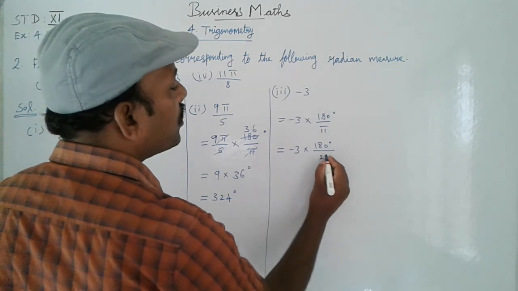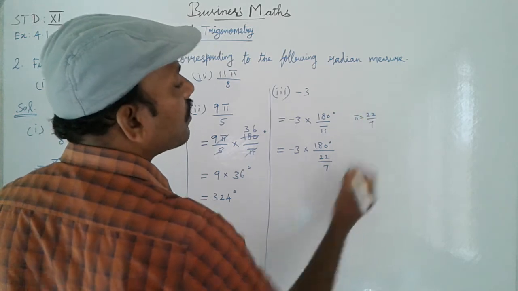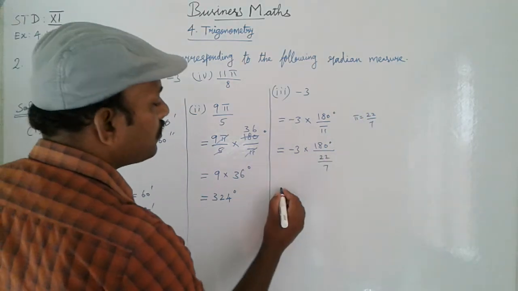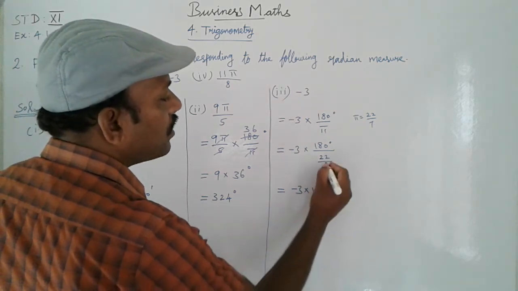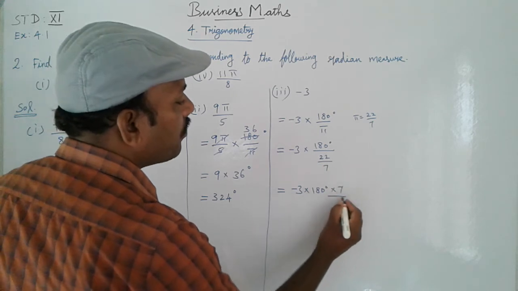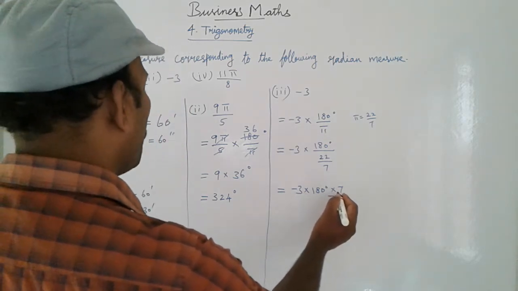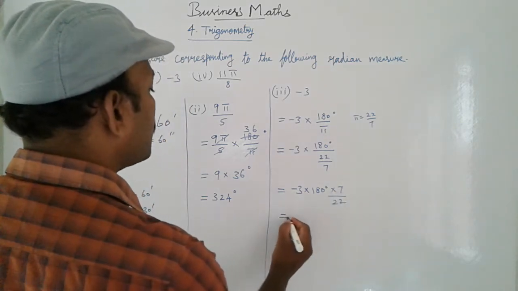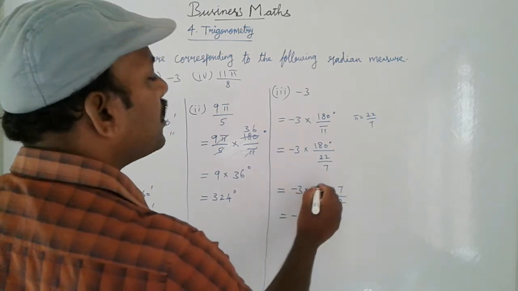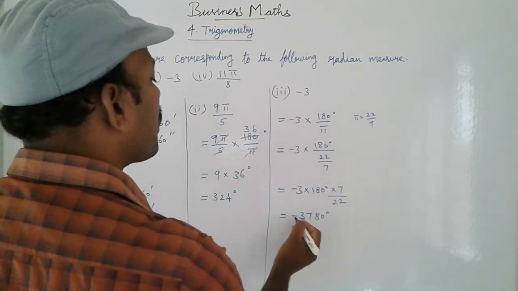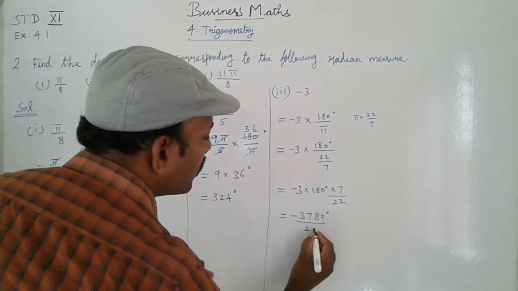We know that pi equals 22 divided by 7, so taking the reciprocal, minus 3 into 180 degree into 7 divided by 22. Multiplying, minus 3 into 180 into 7 is minus 3780 degree divided by 22.